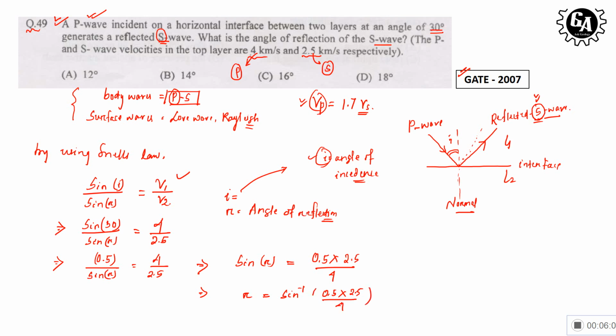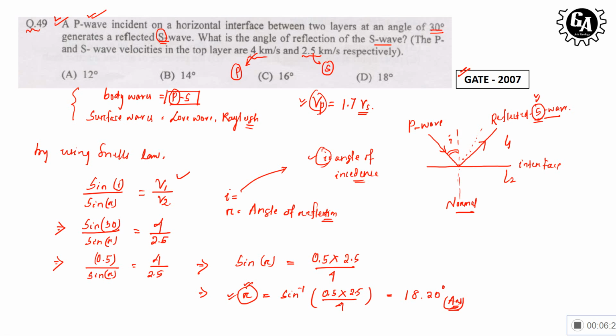If you get the value, it is around 18.20. This is r, which means the angle of reflection, in degrees, and this is our answer.